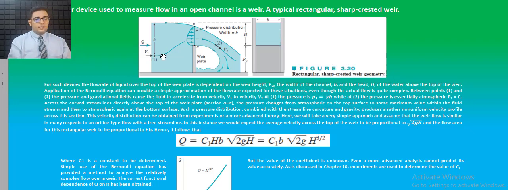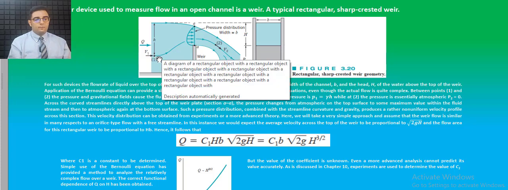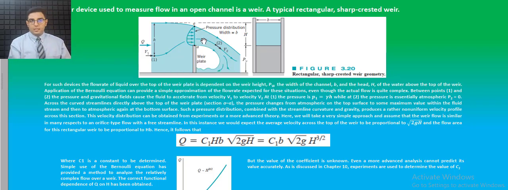When the flow is moving from point 1 to point 2, it's going out. So it means that we have atmospheric pressure at this side, which is increasing in this part until it reaches along the streamline, in the middle of the streamline, and then increases again, and then it decreases.